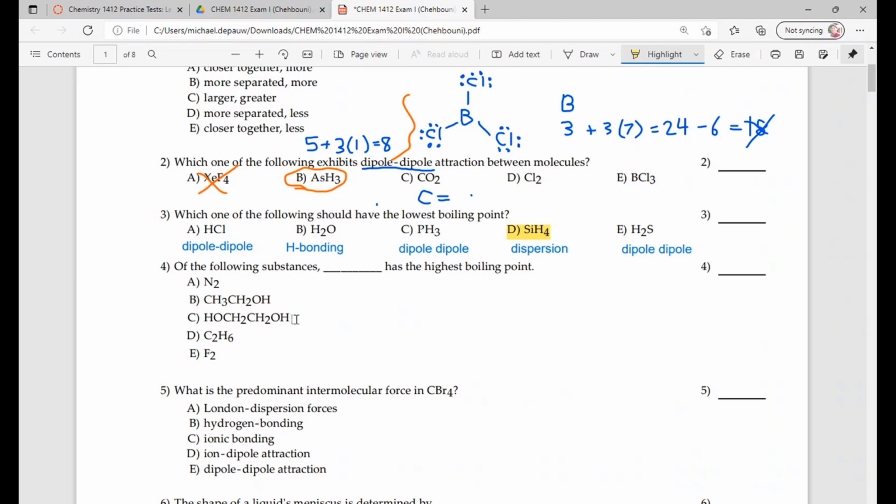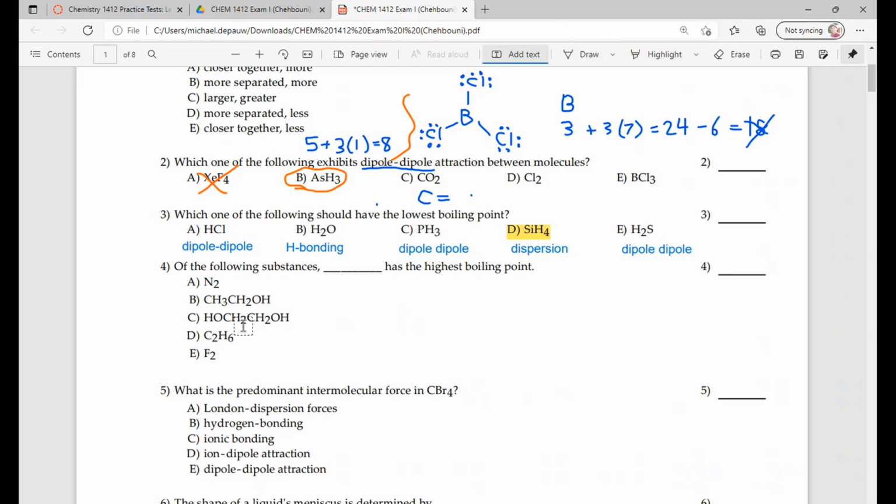This one's also going to be close to 40. C2H6 is going to be smaller. F2 is going to be about 40. I mean, but we want to look at two things, the relative sizes, and most times they're about the same. They're asking you to compare apples to apples.